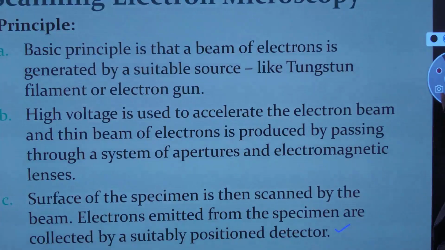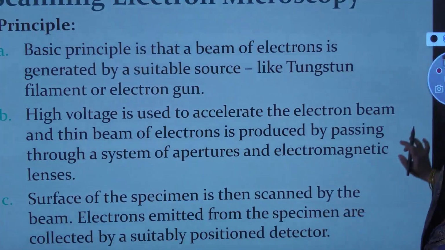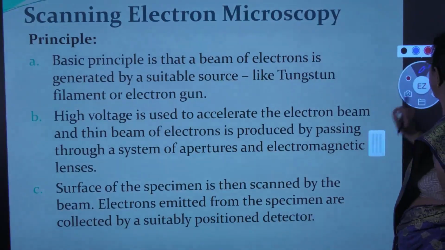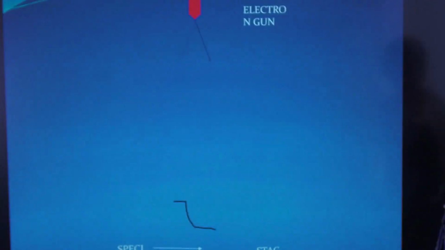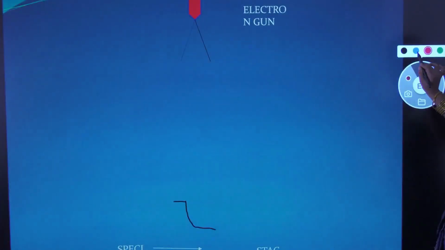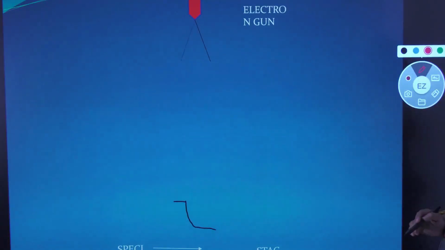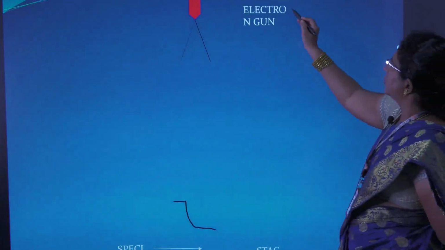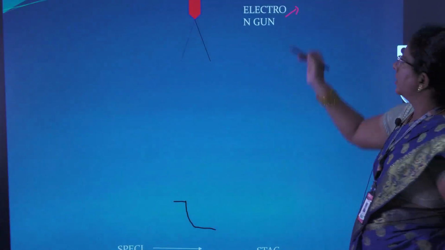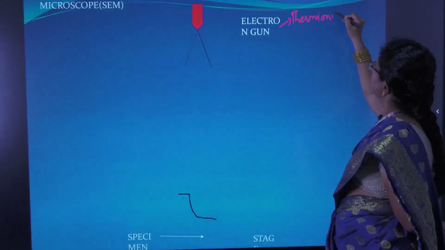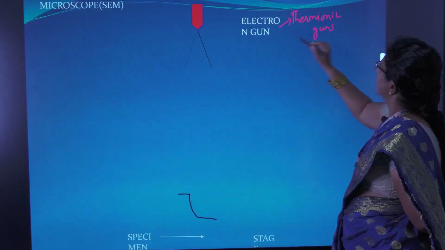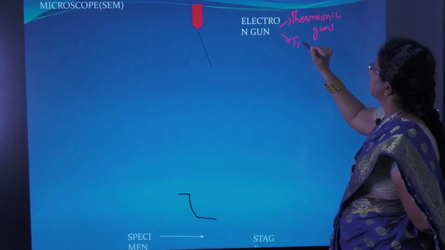So now coming to the instrumentation. Electron gun. There are two types of electron guns: thermionic guns and field emission guns.